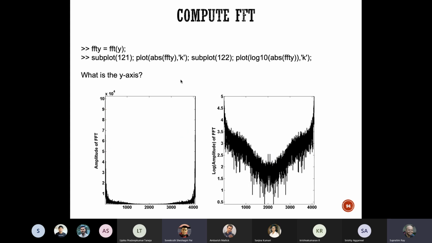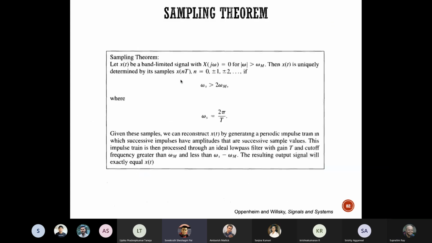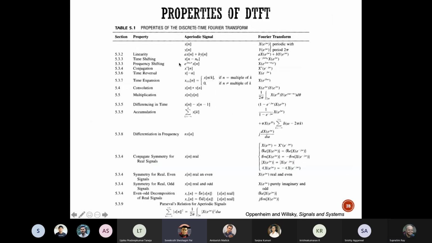We know that FFT is linear, right? So here you have x1n, y1n, x2n up to x76n. The Fourier transform is going to be the same. a and b is just 1 by n, right? So it's the average of the FFTs.